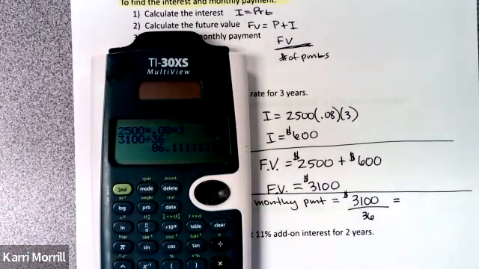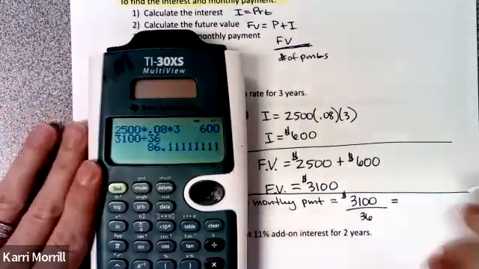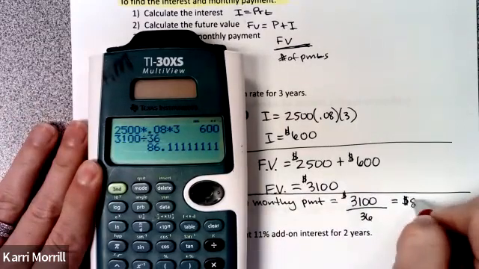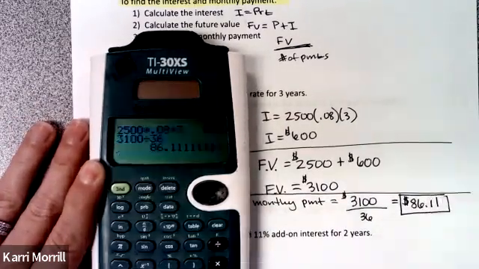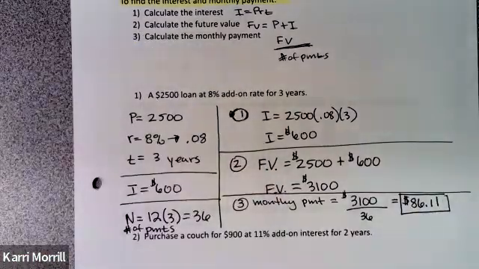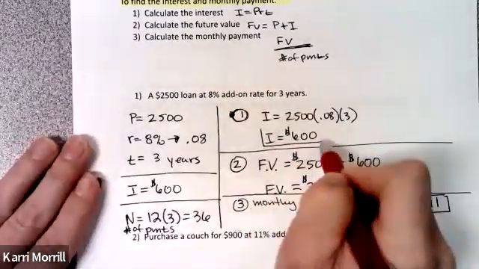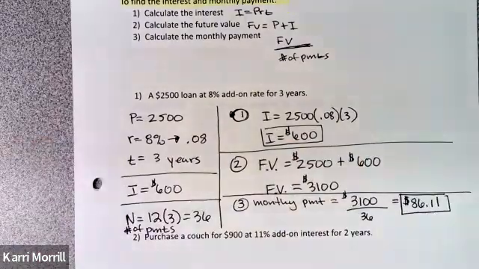Sometimes it's not going to be an ending number, but we'll round to the nearest cent, which means 2 digits, right? So this would be 86.11. That would be our monthly payment. So we found the interest, which helps us find the future value, so we can find the monthly payment.